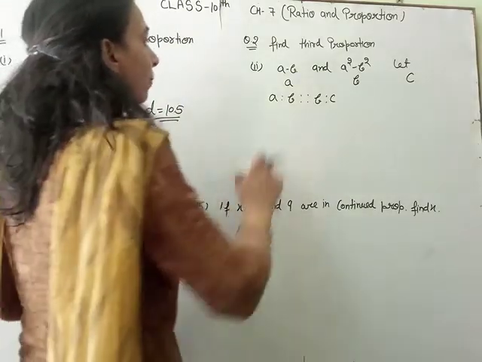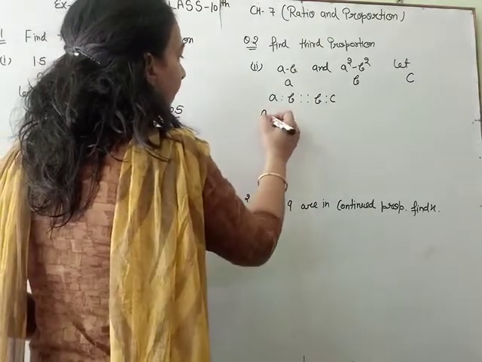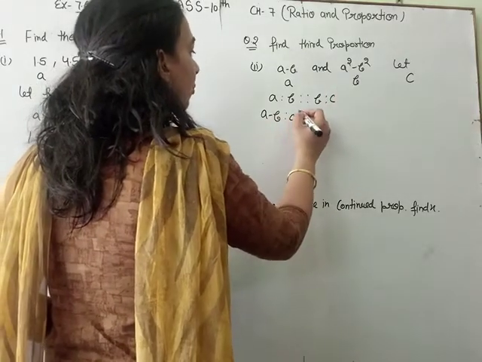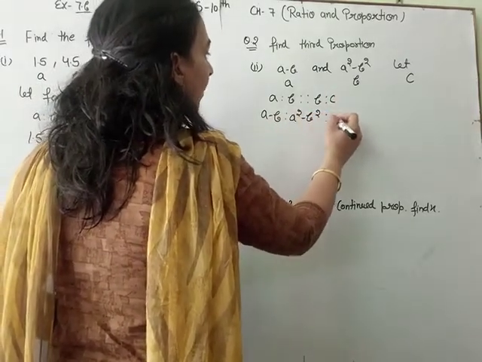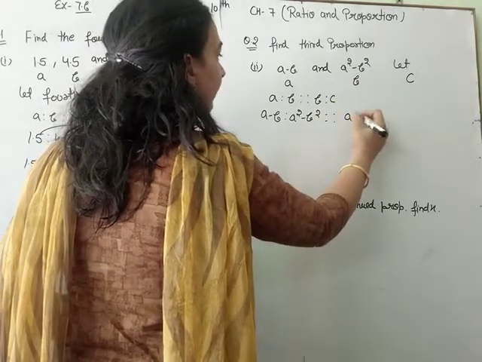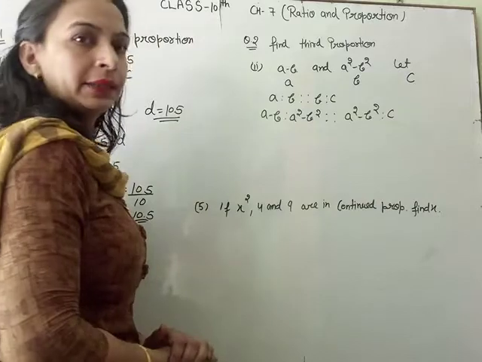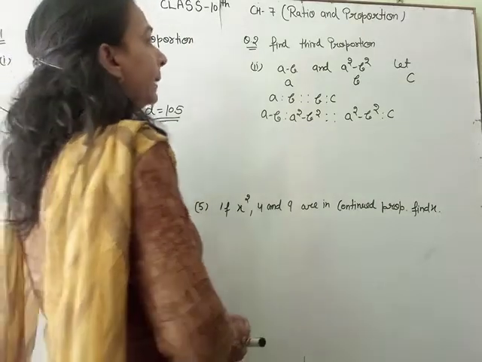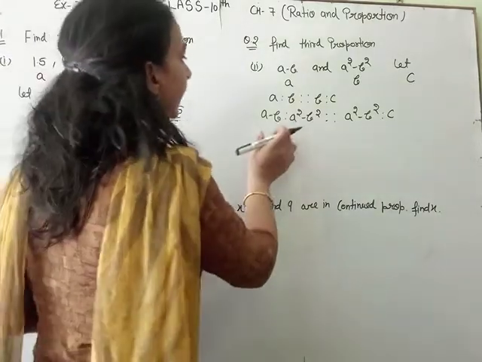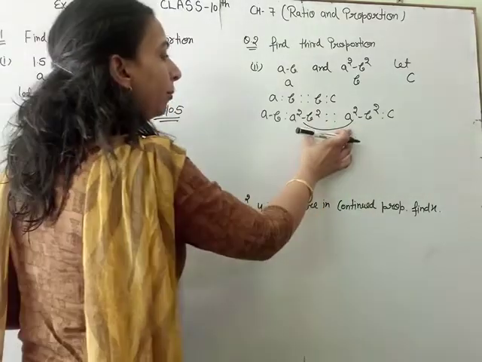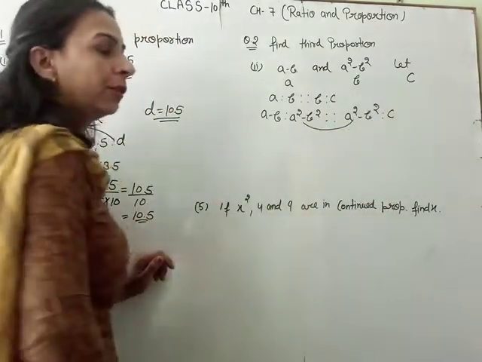Then in place of A, the first is A minus B. Ratio in place of B, A square minus B square, proportion. In place of B again A square minus B square ratio C. Okay, student, we find the value of C. And then according to the same result, multiplication of means equals multiplication of extremes.